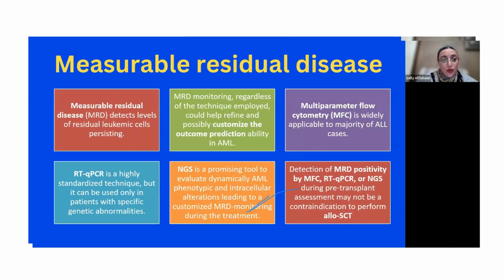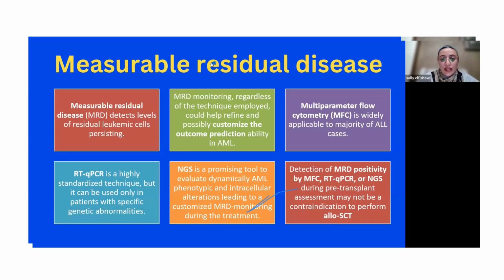So for measurable residual disease, it detects levels of residual leukemic cells that are persisting. It tells us about the outcome prediction in AML and in ALL. The techniques that are used are the quantitative PCR.